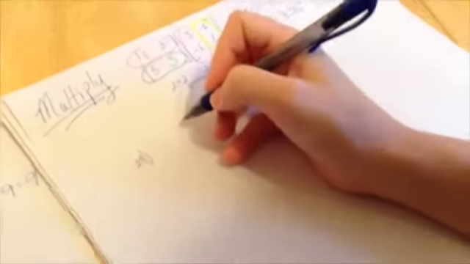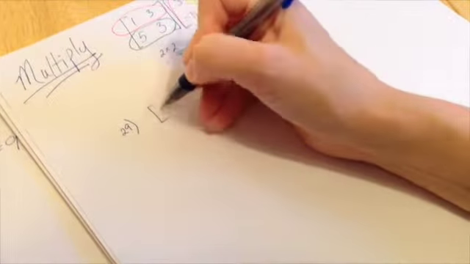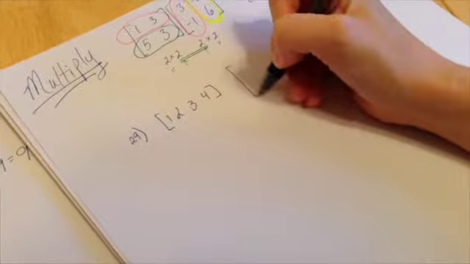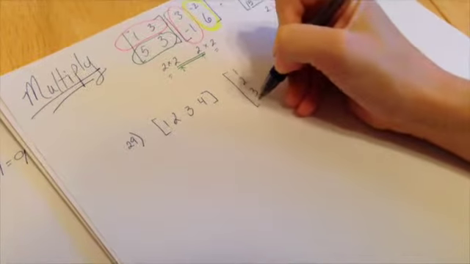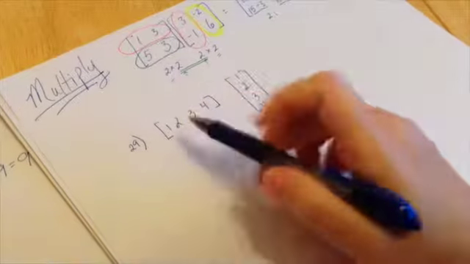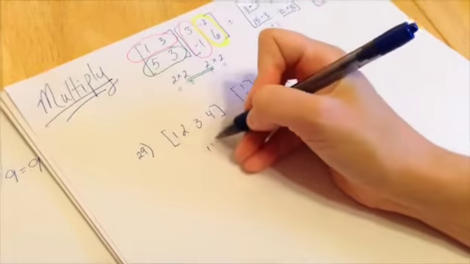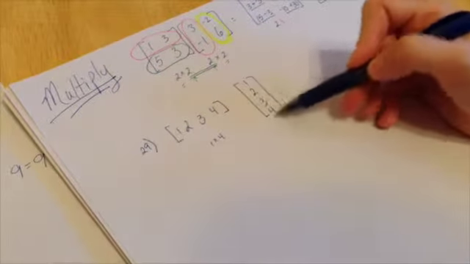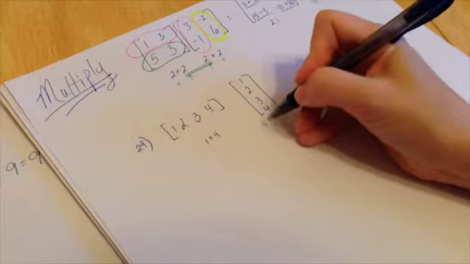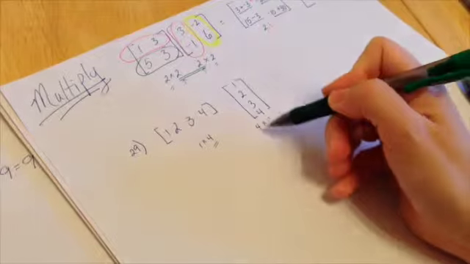Problem 29 says the matrix 1, 2, 3, 4 multiplied by the matrix with column 1, 2, 3, 4. So again, we check our dimensions. This one is a 1 by 4. This one has 4 rows, so it's a 4 row, 1 column. Again, looking at our middle numbers, they need to match.